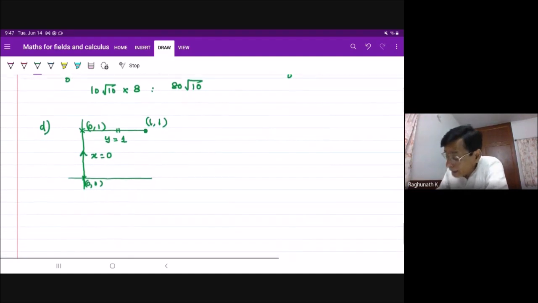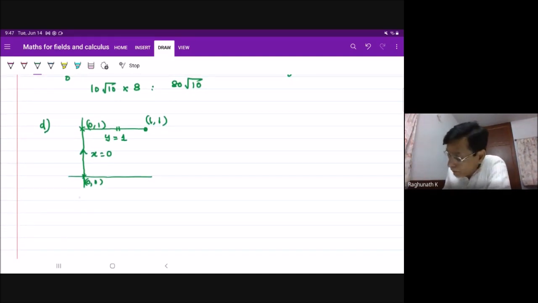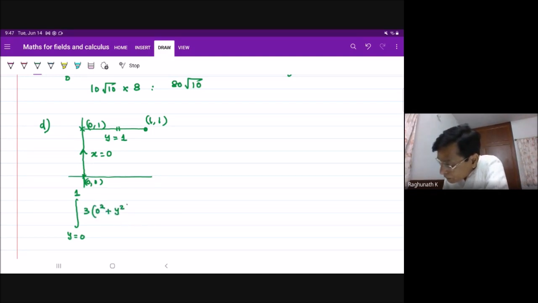I want to integrate it. How to integrate? Integral y is equal to 0 to 1, y limits. 3 into 0 squared plus y squared, root 1 plus dx by dy whole squared.